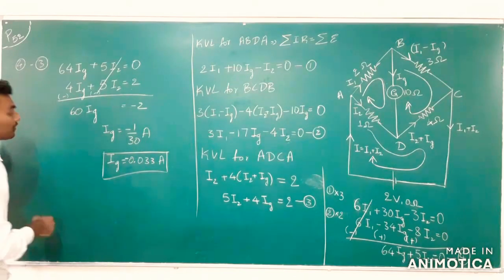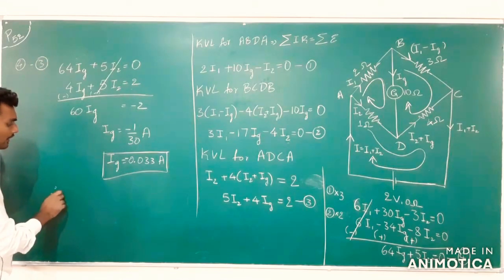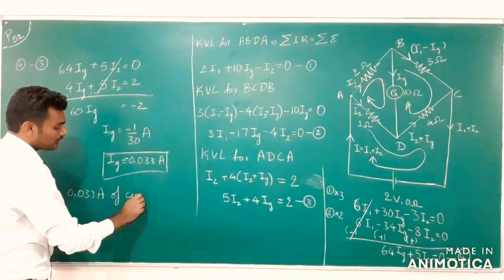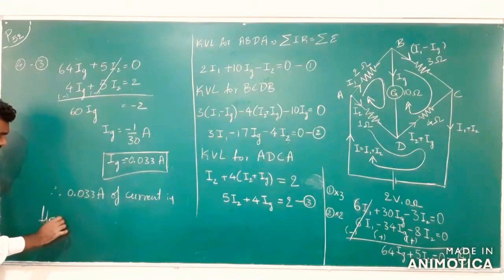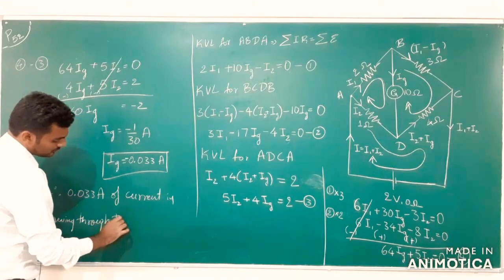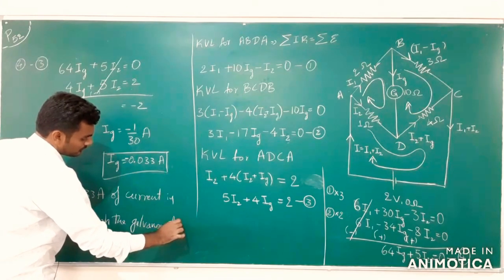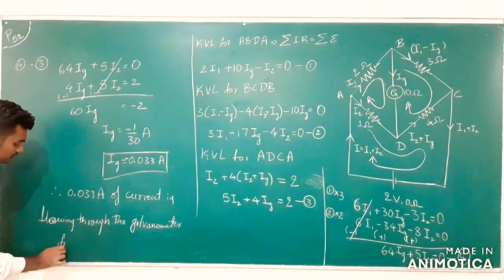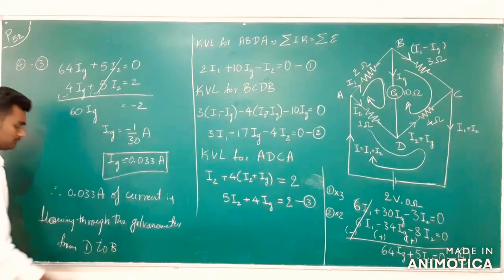Okay, if you want to keep the answer in statement form, therefore 0.033 ampere of current is flowing through the galvanometer from D to B. That's it.